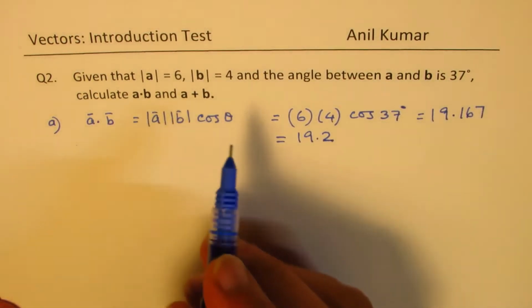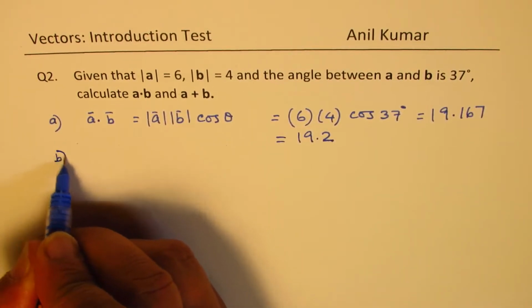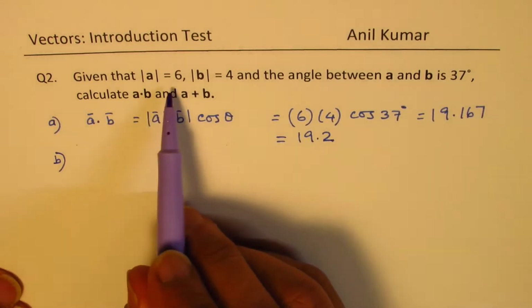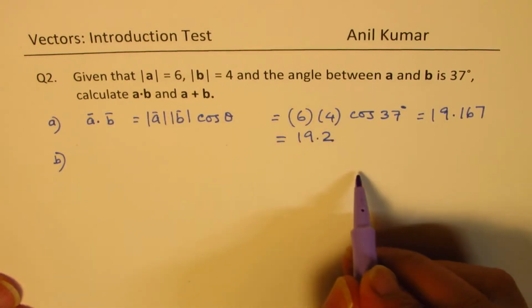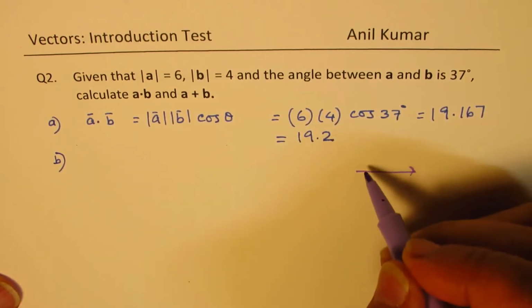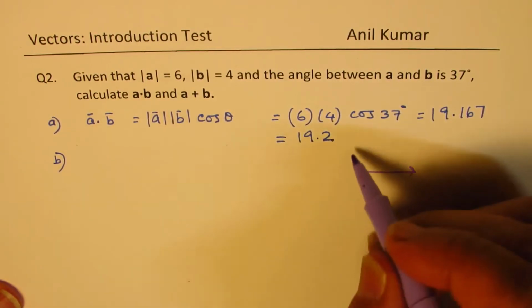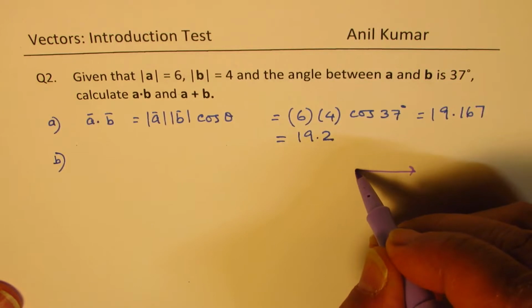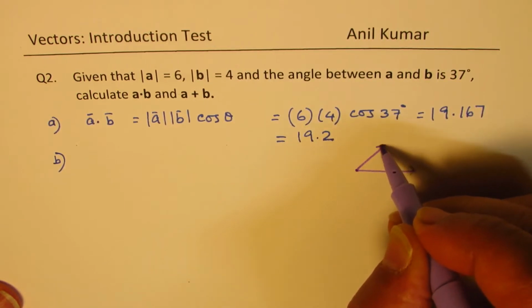Now let's find the sum of these two, A plus B. Important thing to understand here is that when we are saying that magnitude of A and B is given and the angle between them, then basically, let's say this is A for us, right? And magnitude of B is, let's say this is B for us.